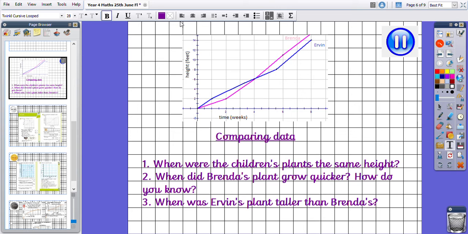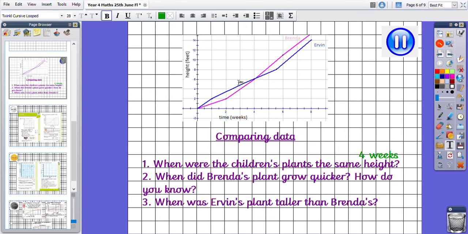Okay. So, for question 1, when were the children's plants the same height? Well, that is at 4 weeks because they are each at the same point at exactly 4 weeks. Question 2, when did Brenda's plant grow quicker? Brenda's plant started to grow quicker at this point because the line started to go a bit more towards diagonal.